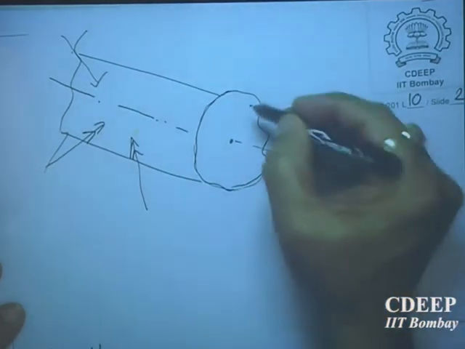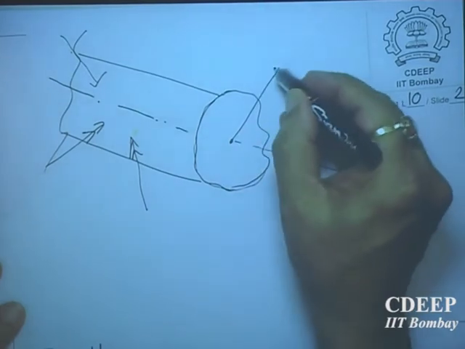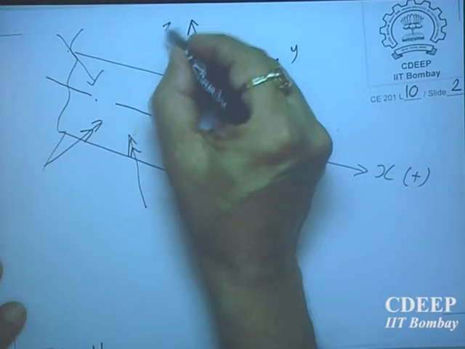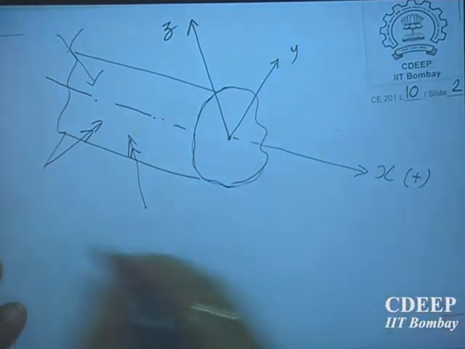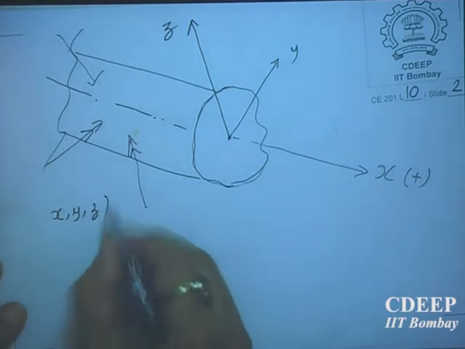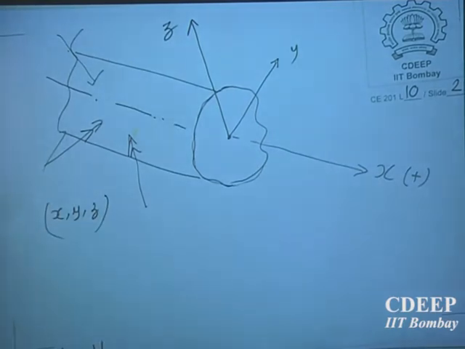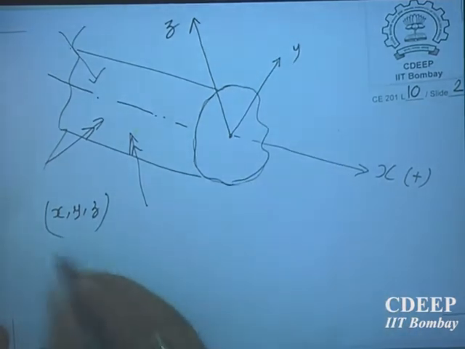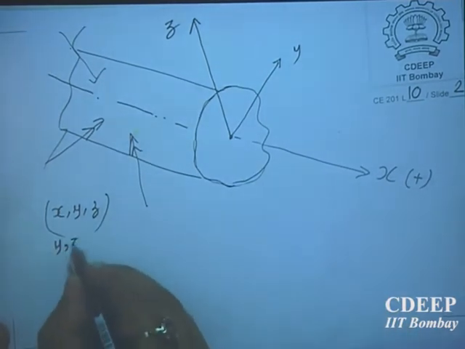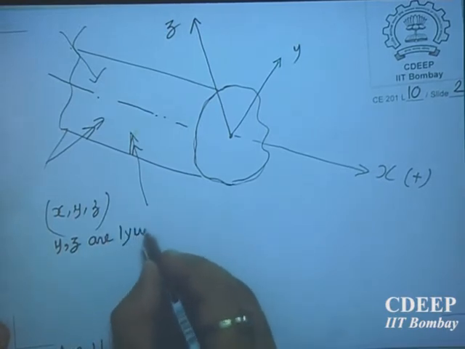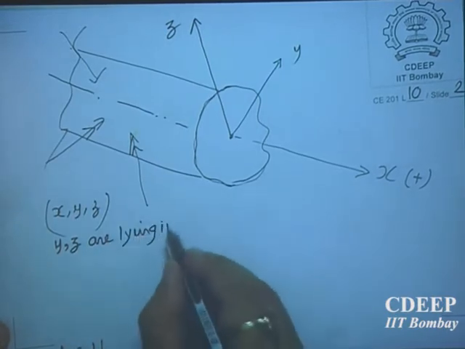If this is x, y has to be on this side and z is here. x to y, so y and z axes are lying in the plane that you have cut.